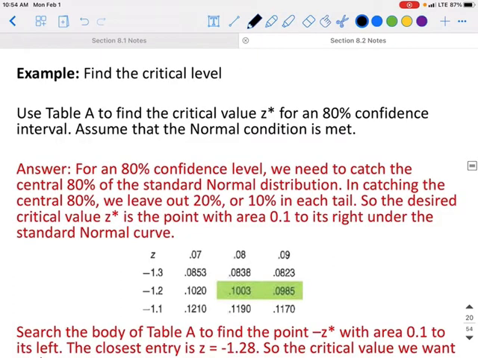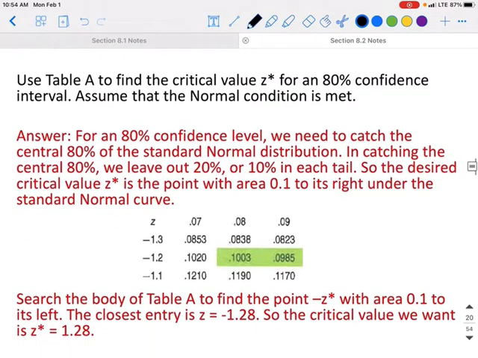If we look at our piece of table A, we are looking for an area of 0.10. The closest we're going to find is 0.1003 or 0.0985. Since 0.1003 is closer, we would use that value and we would work backwards. So we would find the z value that corresponds.